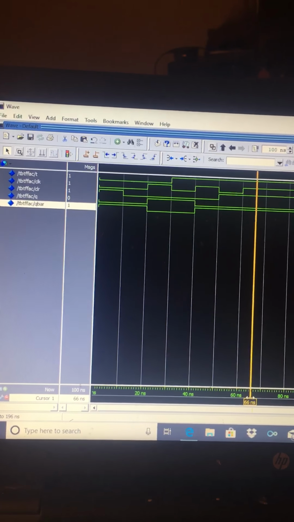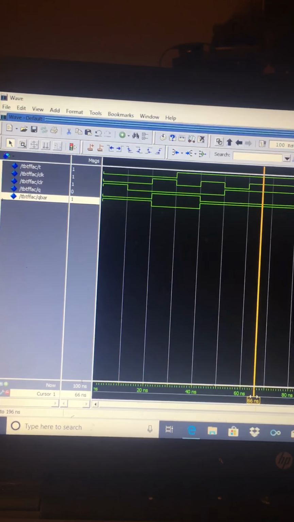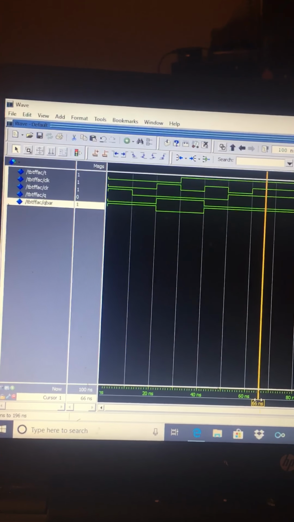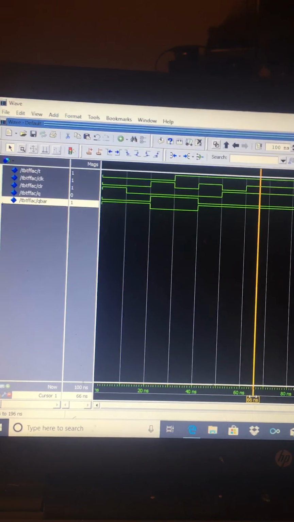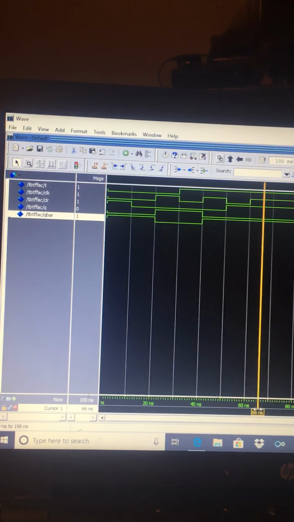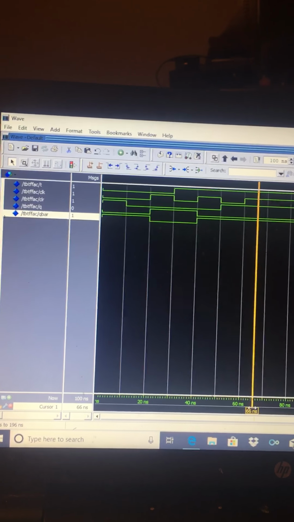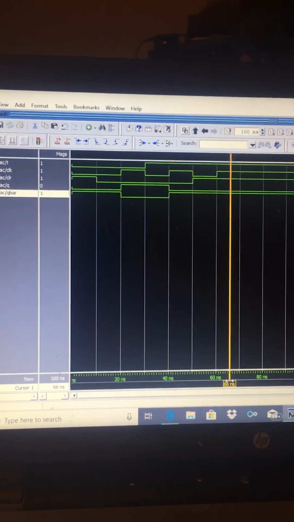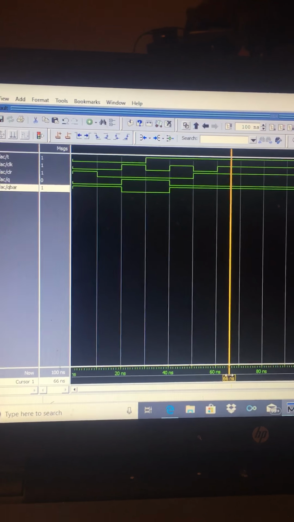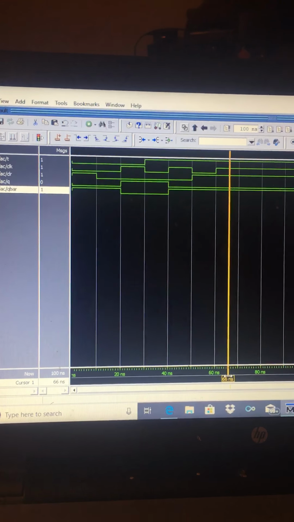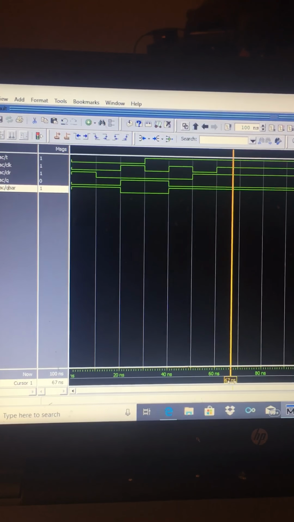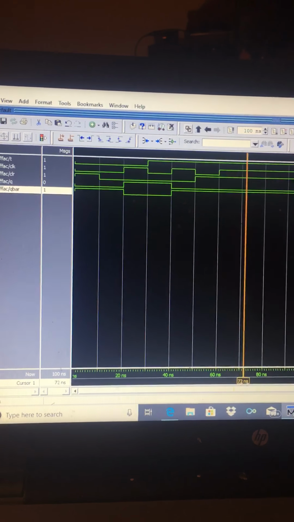Next, you have T is 1, clock is 1, and clear is 1. If clear was 0, the values for Q and Q bar would toggle. But because clear is equal to 1, the values remain the same for Q and Q bar at 0 and 1.